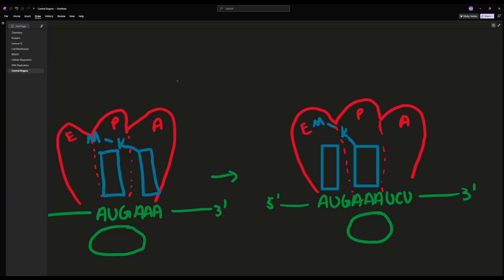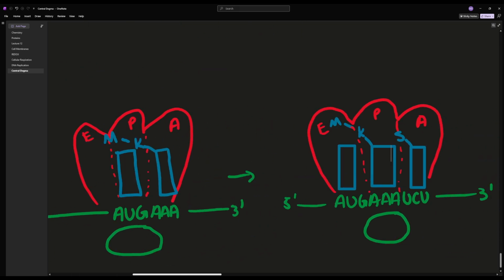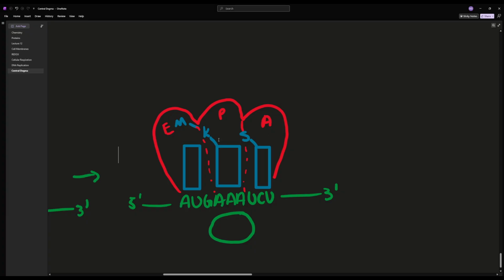So this tRNA that's going to enter corresponds, what did I choose? UCU, that corresponds to serine. And now we have a repeat of what we established earlier, where this bond is going to be broken. That bond's going to be broken. The M and K are going to be attached to the S, and then everything's going to shift over.